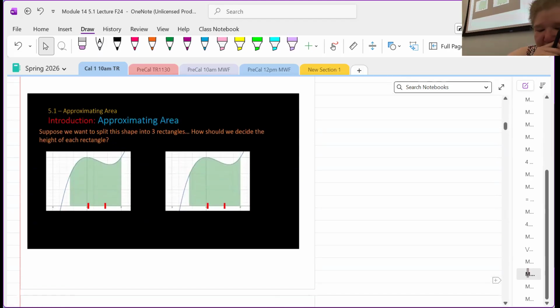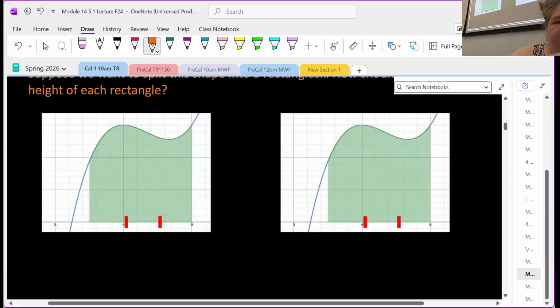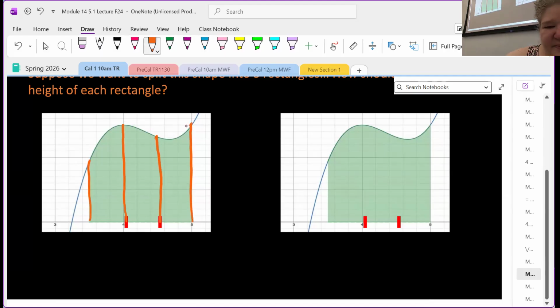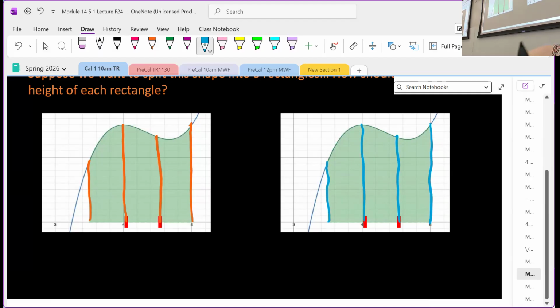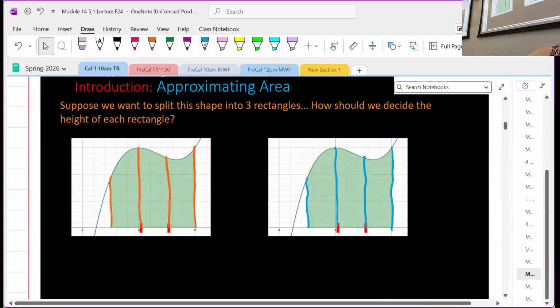So what we do to take a look at that is we subdivide the region into equal widths. And then usually what we use to find these areas is a rectangle.